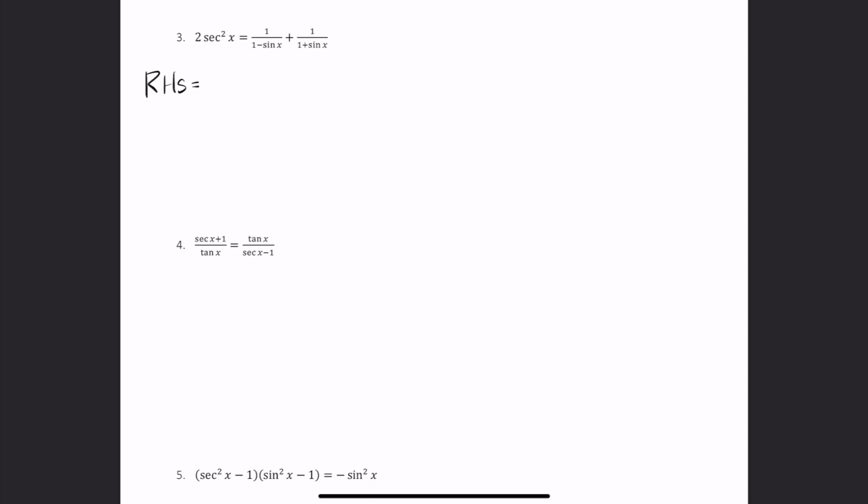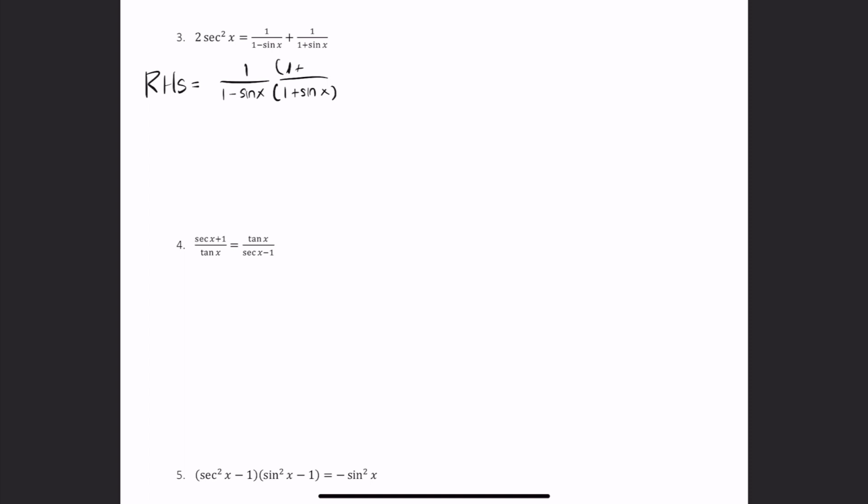So there's many ways you can attack this problem, but I'm simply going to start with multiplying by the conjugate of each fraction. So we'll do 1 over 1 minus sine x, and then we're just going to multiply by 1 plus sine, because we're trying to get common denominators here, so we can add these two together somehow.